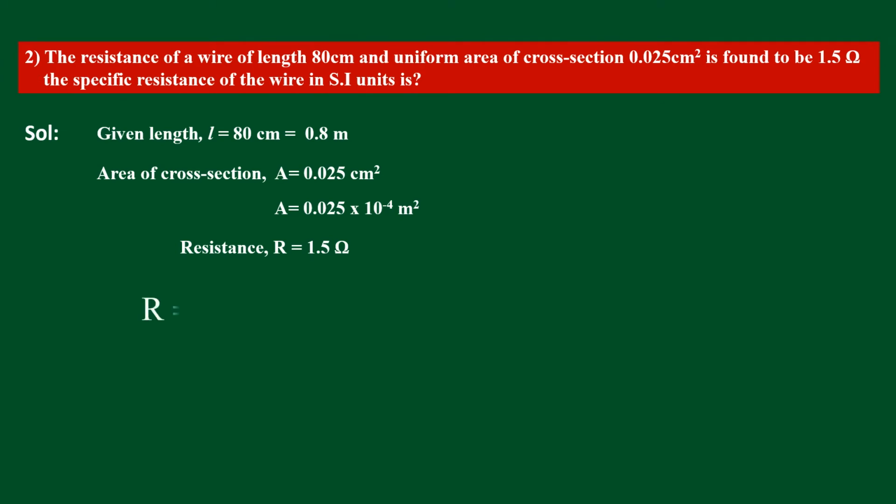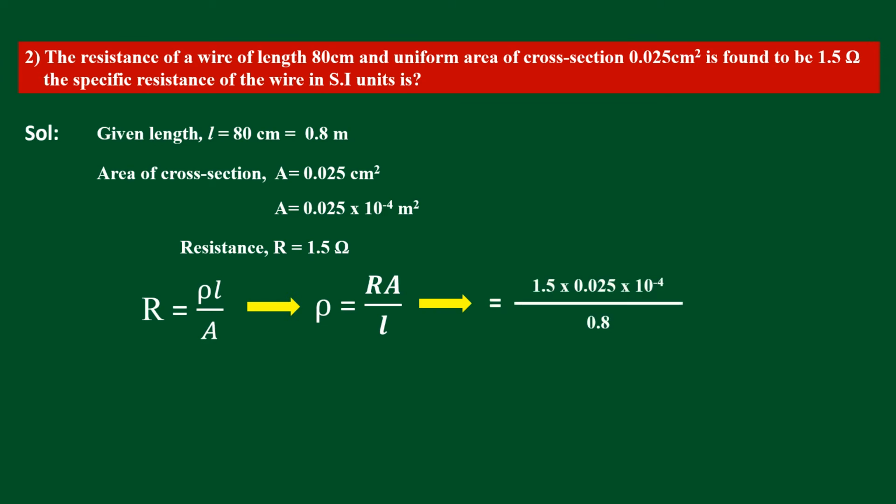Now we know the formula R is equal to rho L by A. If we rearrange it, we get rho is equal to RA by L. So if we substitute the values, we get 1.5 into 0.025 into 10 power minus 4 divided by 0.8.